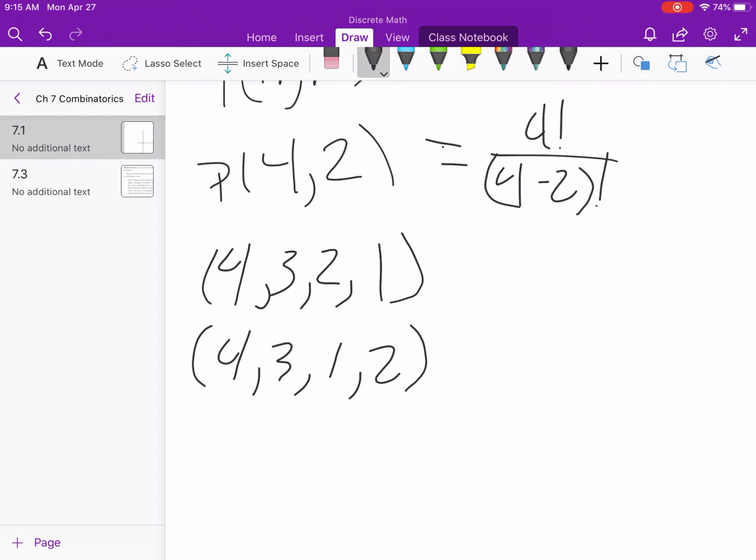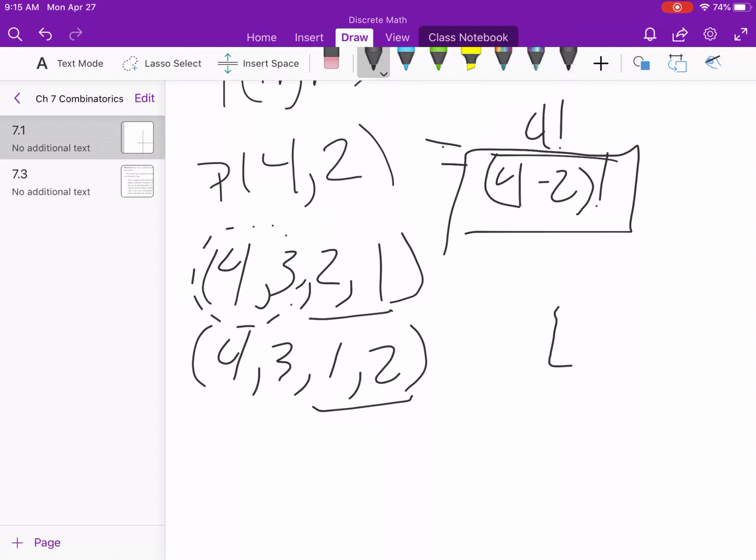Sometimes it seems like, well, how do we know to divide by this 4 minus 2? Notice, if I were listing out all of these numbers, 4 minus 2 is 2, and there are two distinct things here where the beginning is the same, but the ending is different.